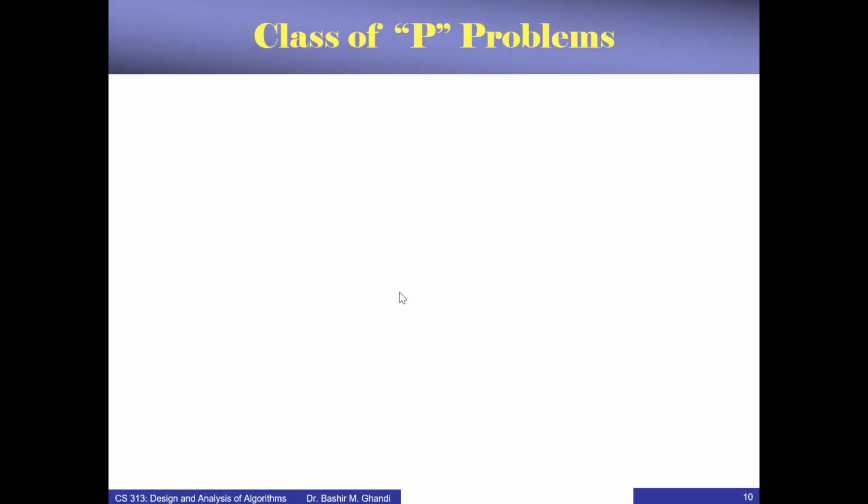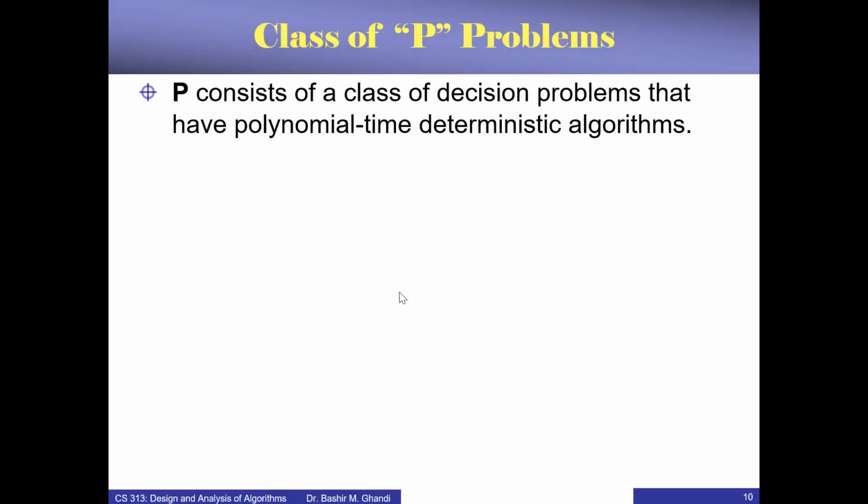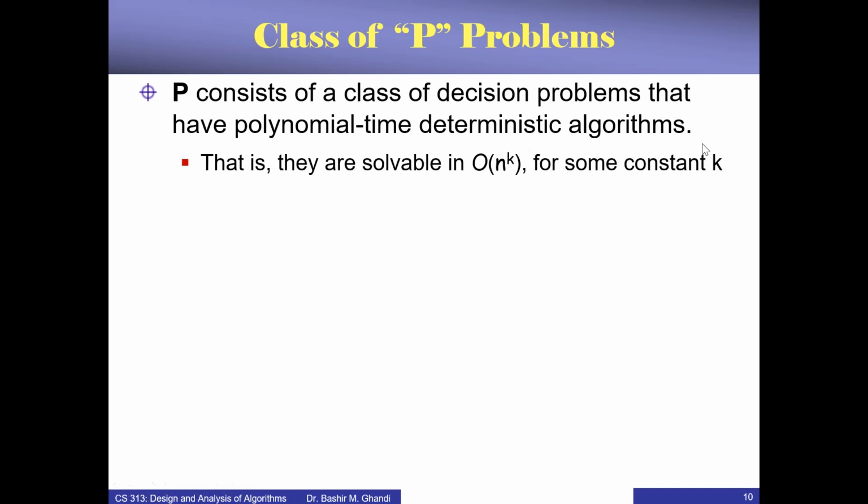Let's start with the P. The P actually are the good news. P consists of a class of decision problems that have polynomial time deterministic algorithms, that is, they are solvable in big O of n to the power k, where k is a constant. So the big O is polynomial time.